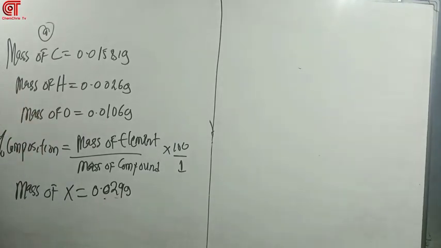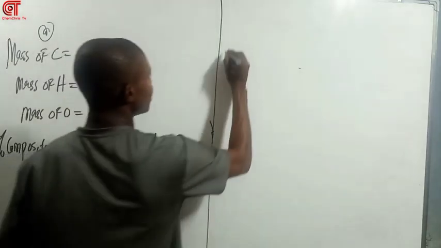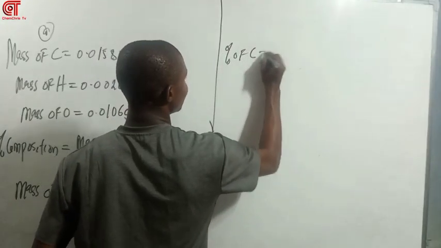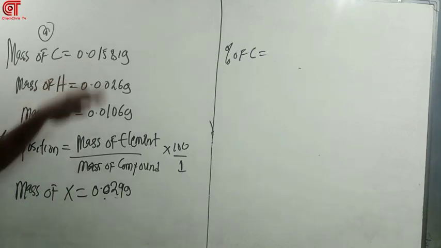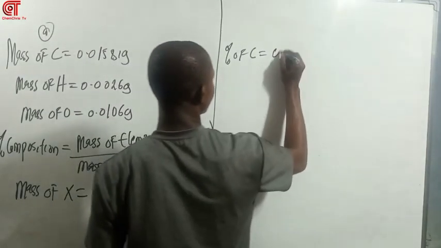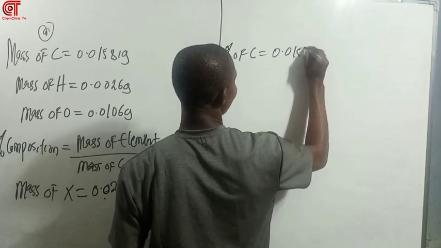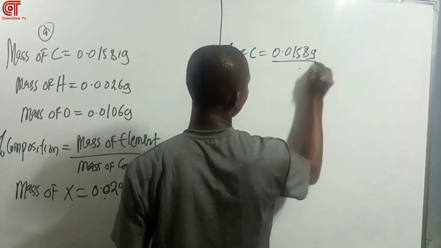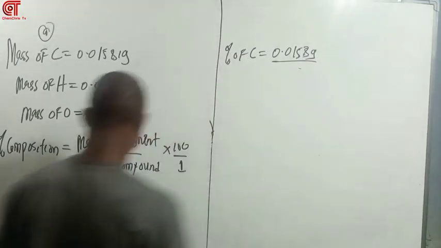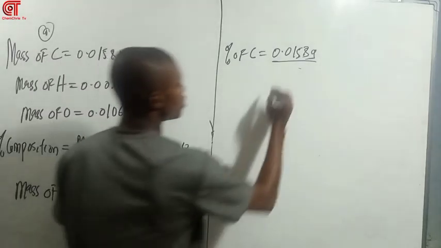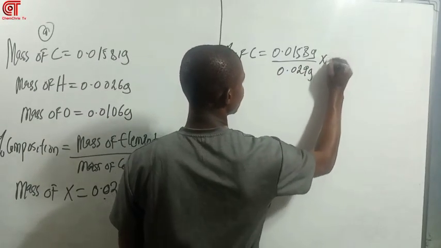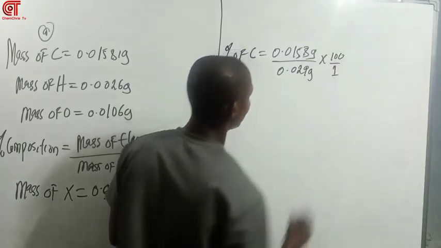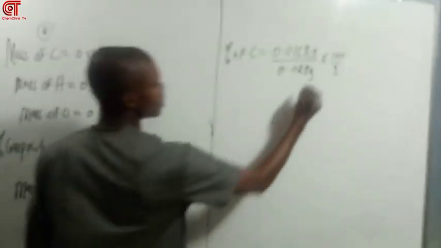So we want to look for the percentage composition of each of the elements. Percentage of C: the mass of the element here is 0.0158 gram over 0.029 gram times 100 over 1. The grams cancel out.